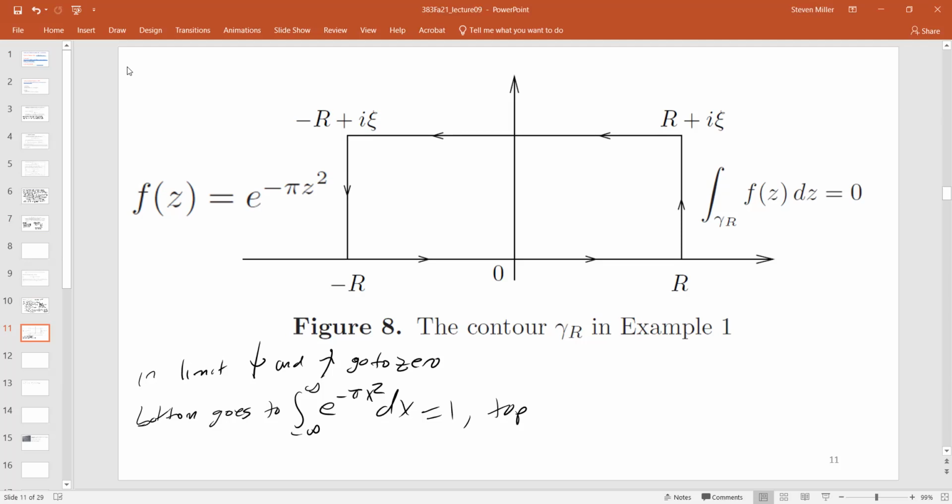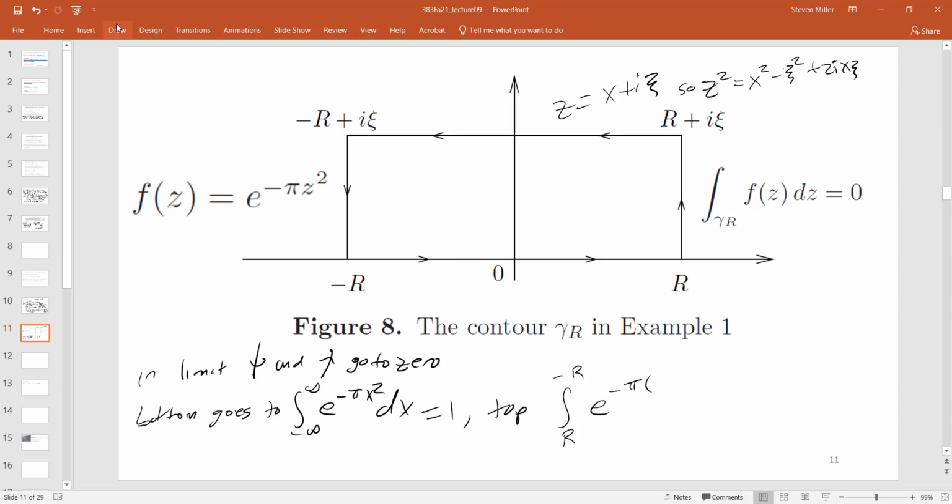It's going to look like the integral from r to minus r, e to the negative pi. And then on the top, we have z is equal to x plus ic. So z squared would be what? x squared minus c squared plus 2i xc, right?